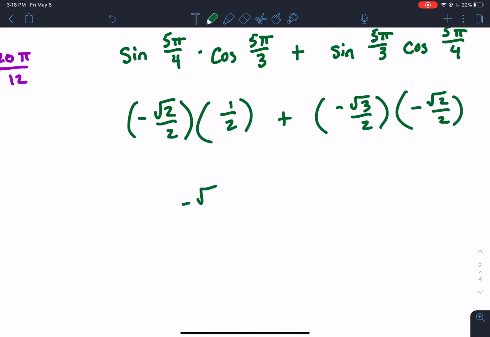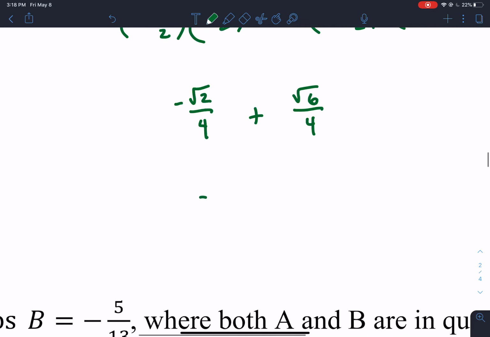So you got negative root 2 over 4 plus root 6 over 4. So your final answer would be negative root 2 plus root 6 over 4.